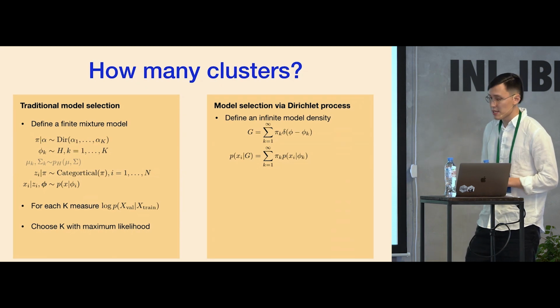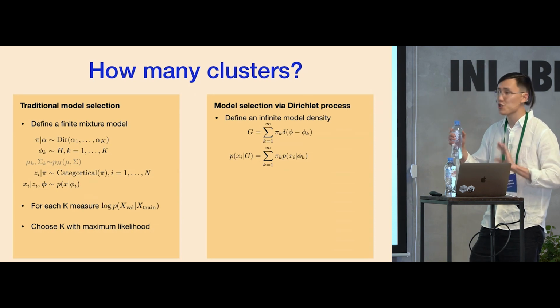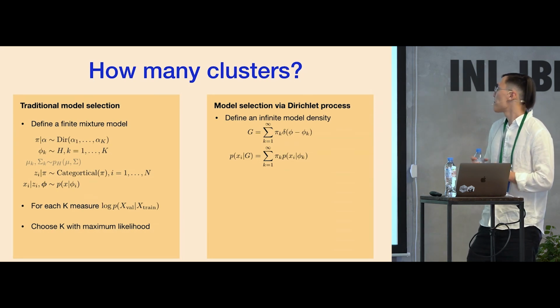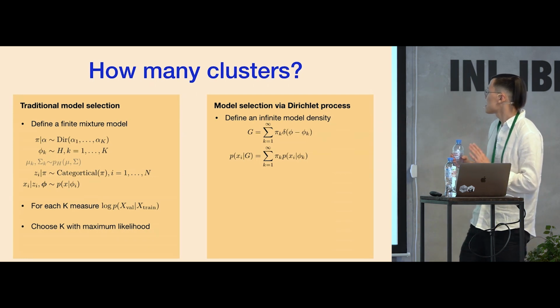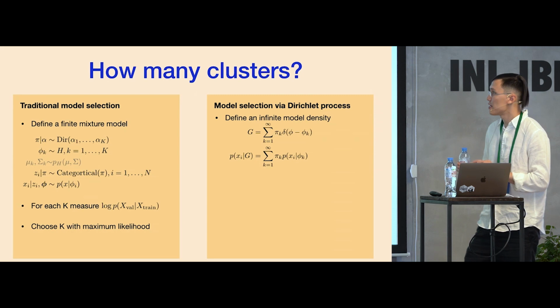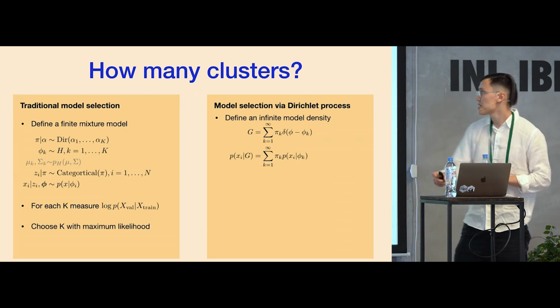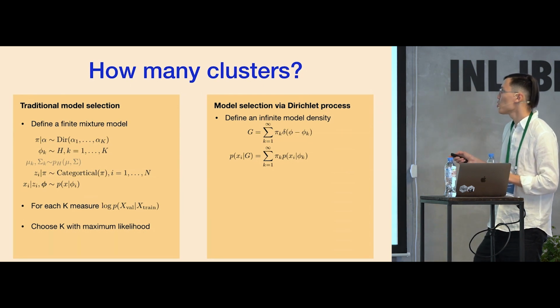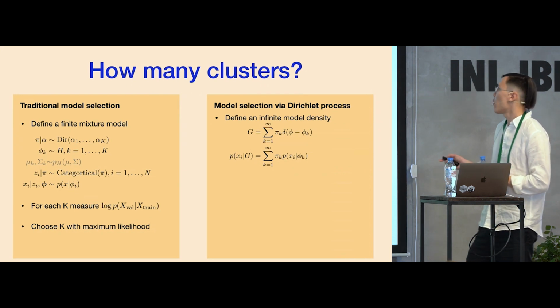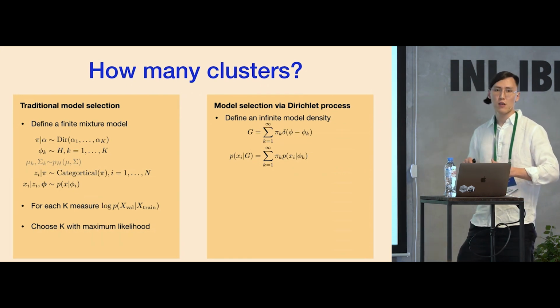But fortunately, there is an alternative approach which requires a slight change of paradigm. So for this particular problem of clustering, we will do the following. Let us define an infinite model, an infinite mixture model. This may sound unusual, but for a second, let's assume that we can represent our model as a weighted sum of delta functions. So our model will be a distribution over cluster parameters.